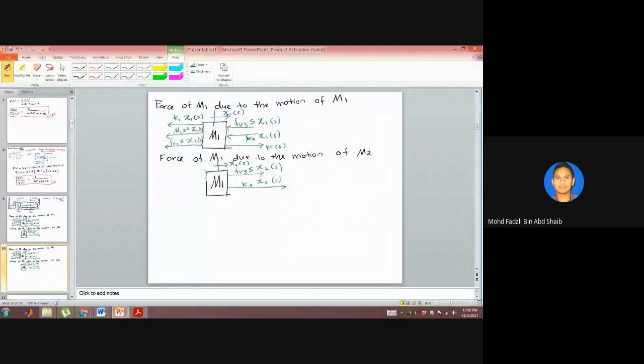All forces of M1, okay? We need to draw M1. What is the force?